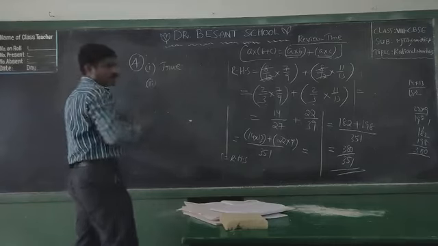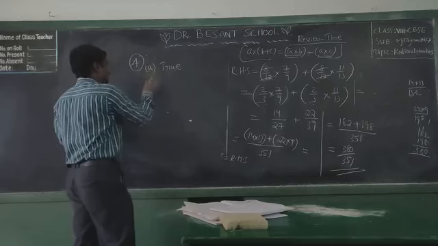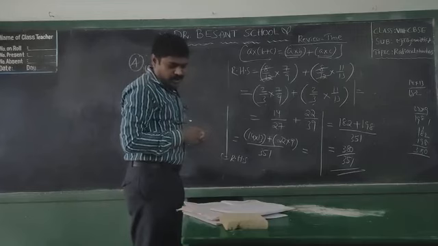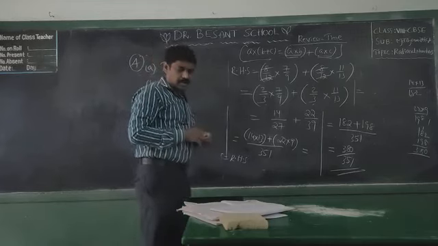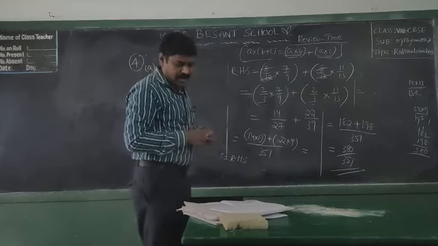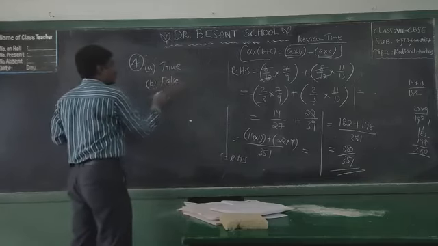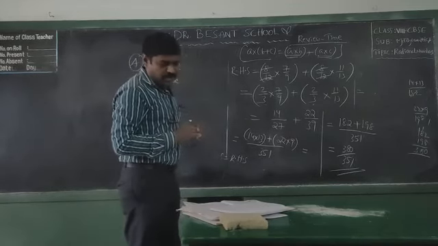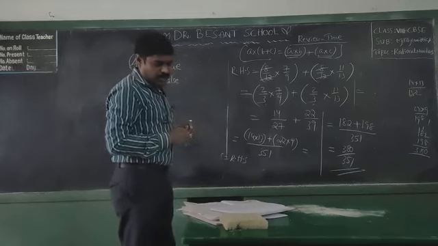The second one, B: the associative property is followed only by division. It is false. C: the distributive property is followed by both multiplication and division.